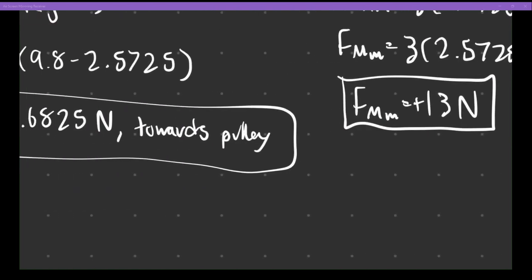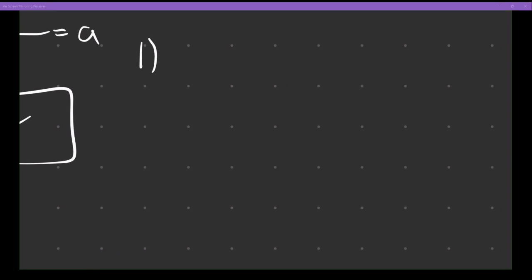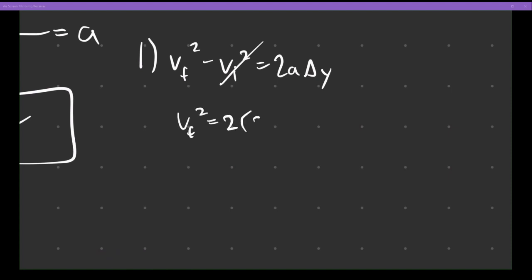All right. Going on to part L now. So part L asks if the system is at rest, what is the final velocity after it travels 20 meters. So I'll use kinematics. Okay, Vi is 0, so that cancels out. So I get Vf squared equals 2 times acceleration, 2.5725, and then the delta y, it goes down by 20.